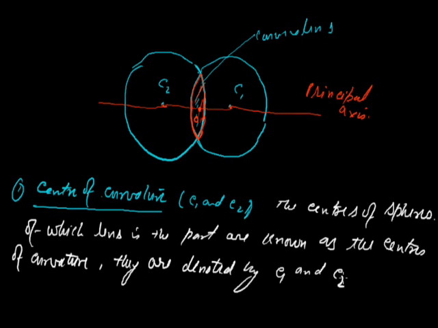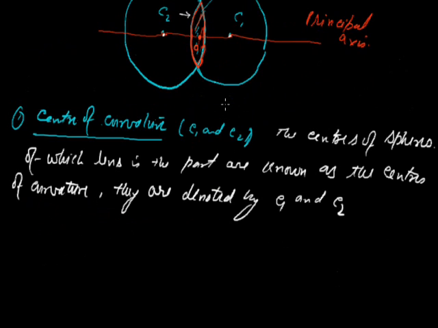C1 will be that center on which light first falls. See in the figure. Suppose light falls on this surface. Then the center of this surface is denoted by C1 and the other will be C2. Now second point is principal axis.